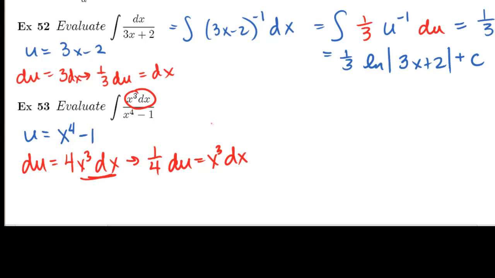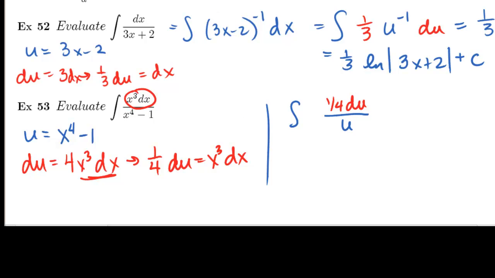Again, we're taking the derivative of x, so we have dx. And then we're plugging this all in, substituting. We end up with this part up here is our 1/4 du that we substitute in for the x cubed dx, and then we put that over just u, because that was the x to the 4th minus 1.